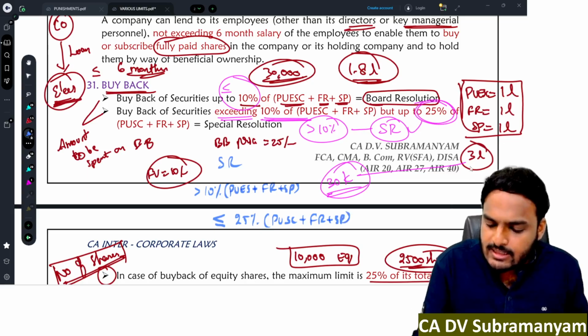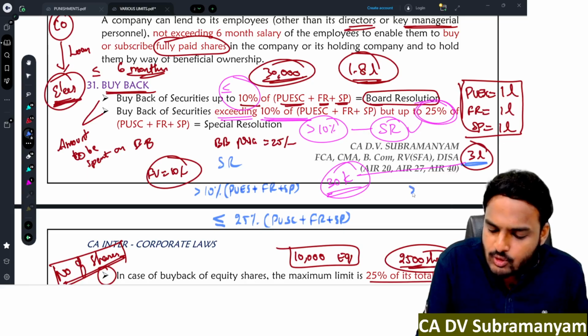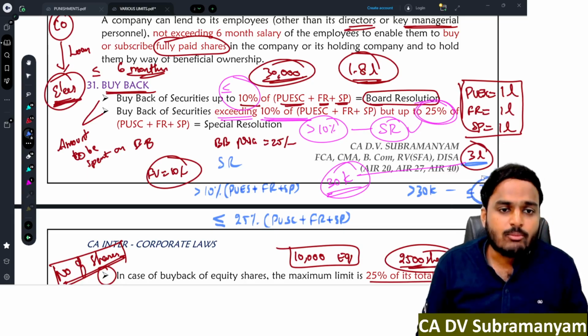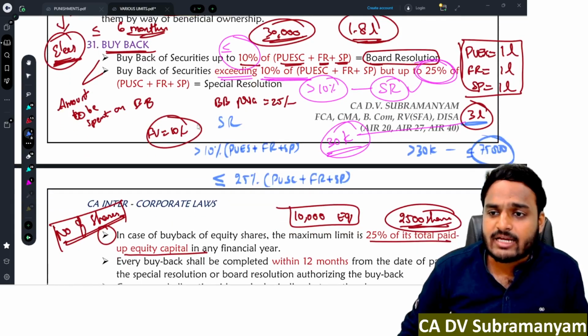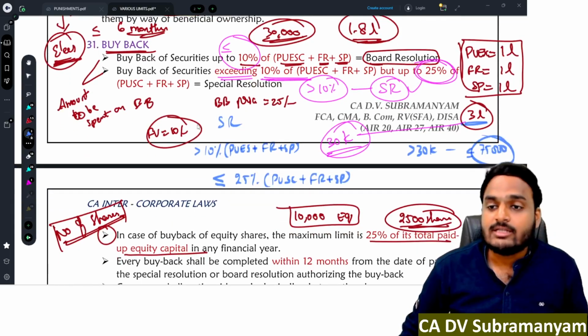In the given example, the limit is greater than 30,000 but less than or equal to 75,000.